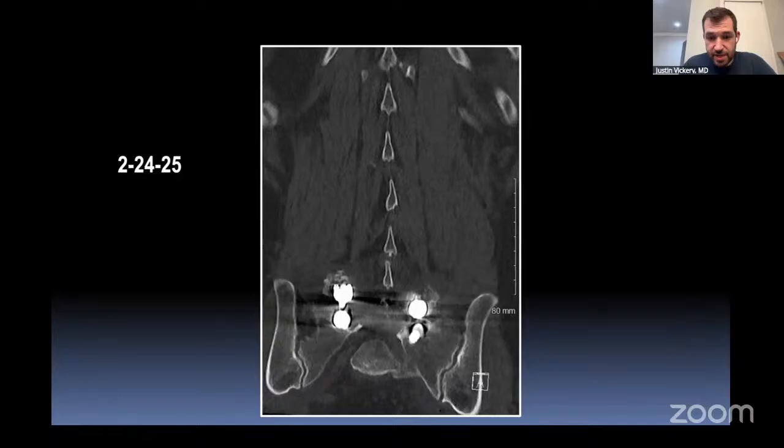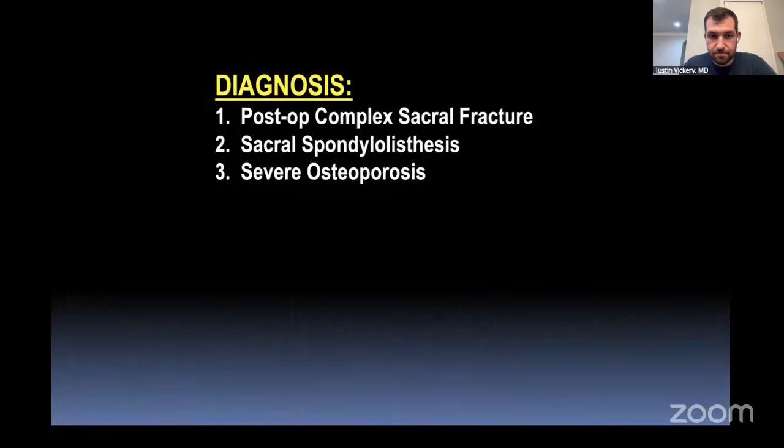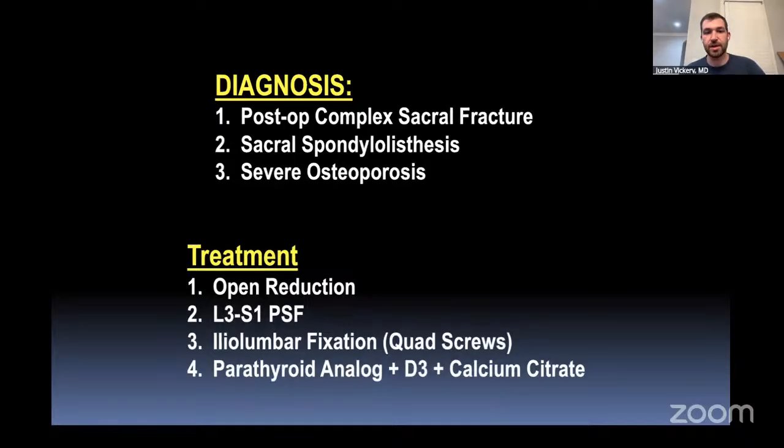CT scan was obtained, which better demonstrated the fracture. So at this point, she had a post-op complex sacral fracture with spondylolisthesis, in addition to her known severe osteoporosis.